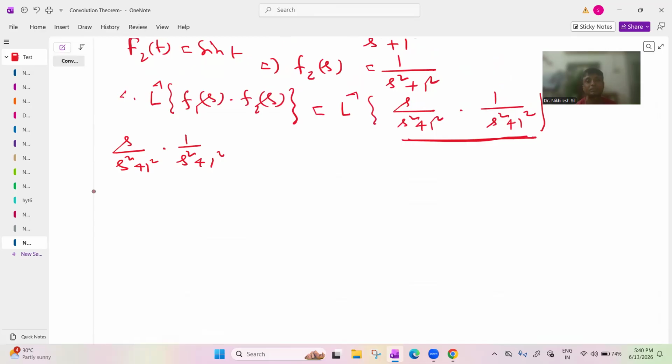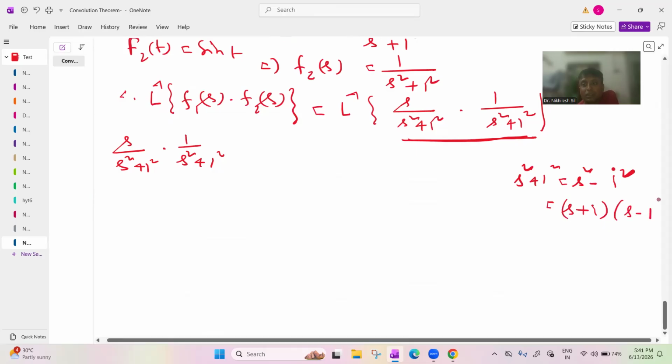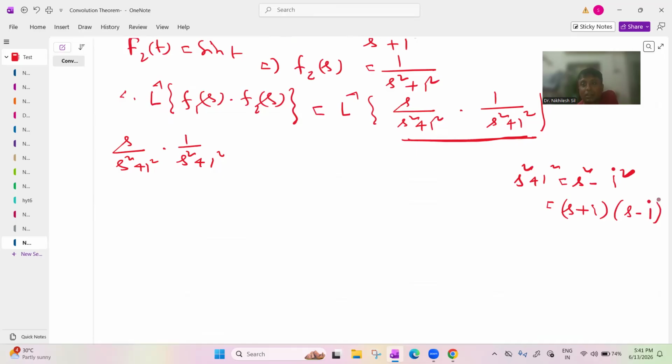S square plus 1 can be written as s square minus i square. So this is equal to s plus i into s minus i. Clear?